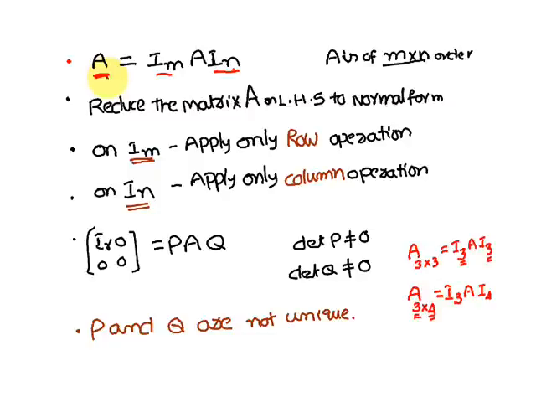Suppose you apply a row operation on the left hand side, that operation you have to apply only on this one, and the column operations only on this one. Okay, on A you can apply both row and column operations.